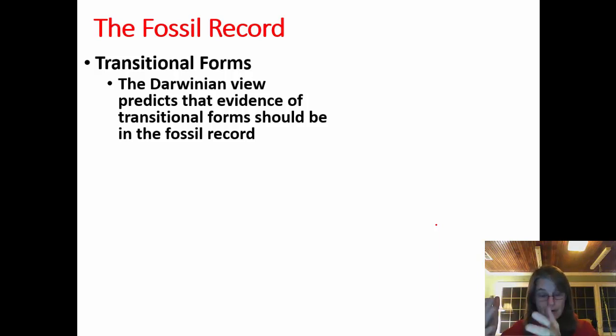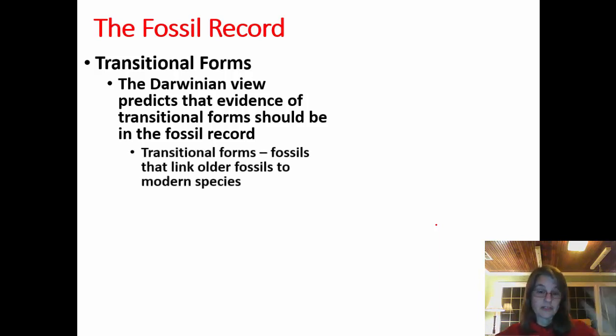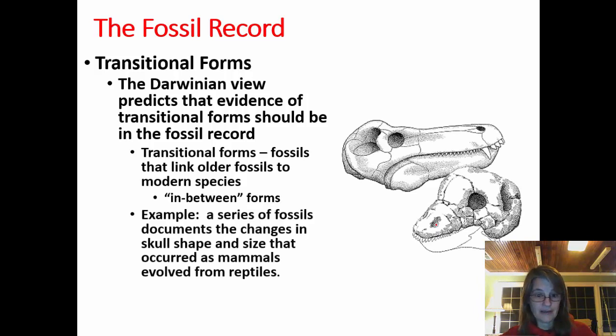For example, something between reptile and bird should appear in the time period between reptiles and when birds first appear. Okay, there should be transition organisms to represent them. So a transitional form, a transitional fossil, is a fossil that links older fossils to more modern species.